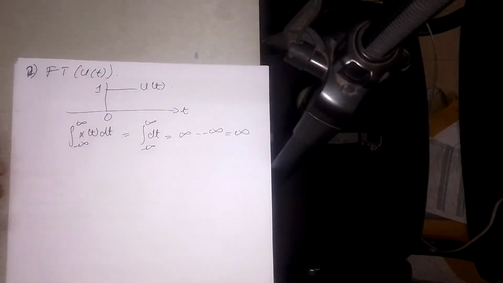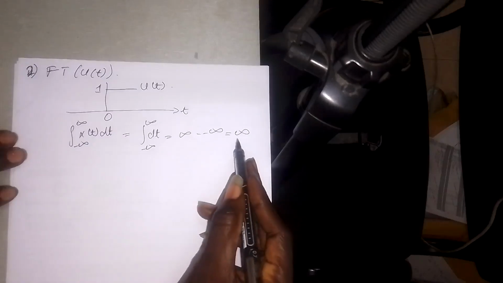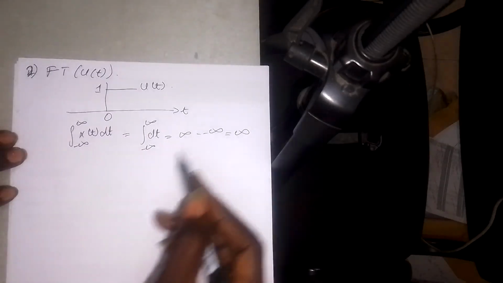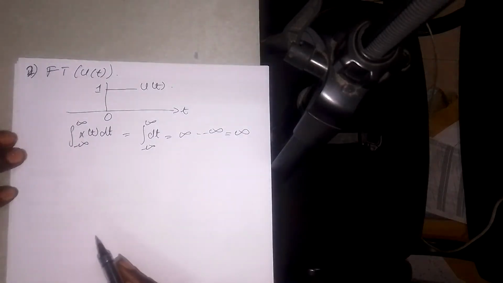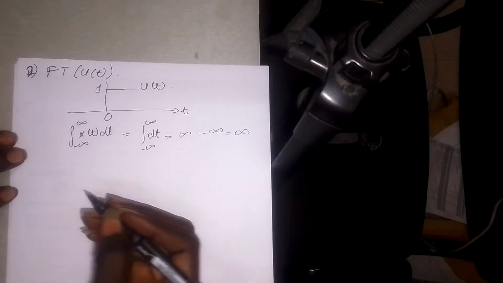In that case, it is not obeying the Dirichlet condition. Why is it not obeying it? Since we don't have a definite value for the integral. The integral is supposed to be less than infinity, but now it equals infinity. That means it's not obeying the Dirichlet condition.